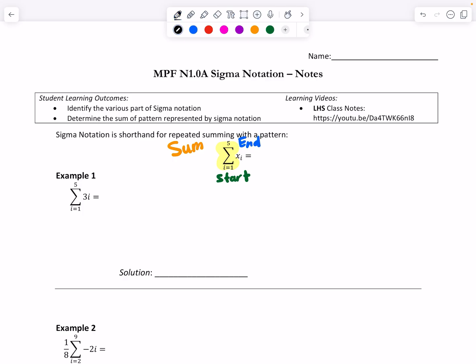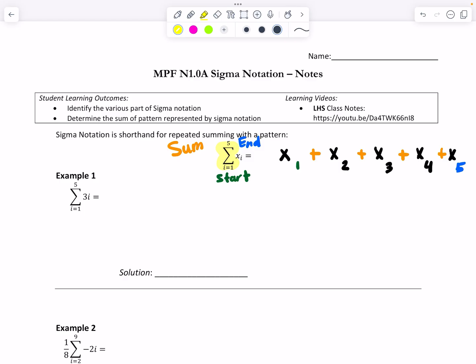So what I'm going to do is take x sub 1, the first term in my list, and add it to the second term in my list. And I'll add it to the third term, and I'll add it to the fourth term, and I'll add it to the fifth term in my list.